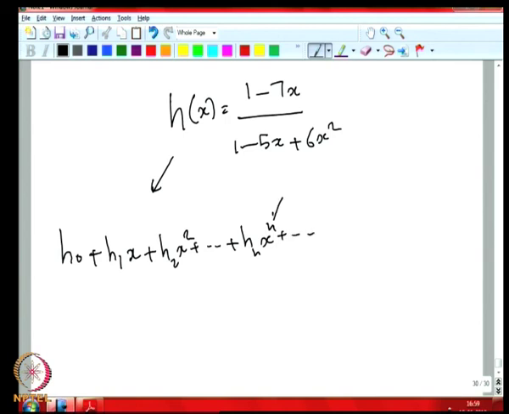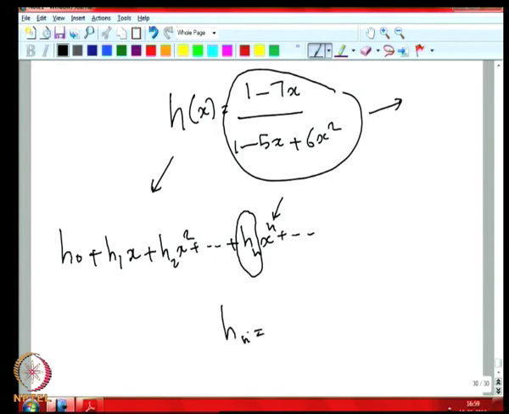So the coefficient of x raised to n is indeed hn. So if you can expand this and get the coefficient of x raised to n in some different way as a closed form, then we got an expression for hn.